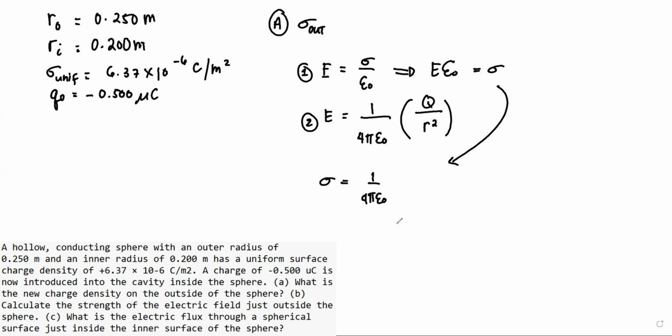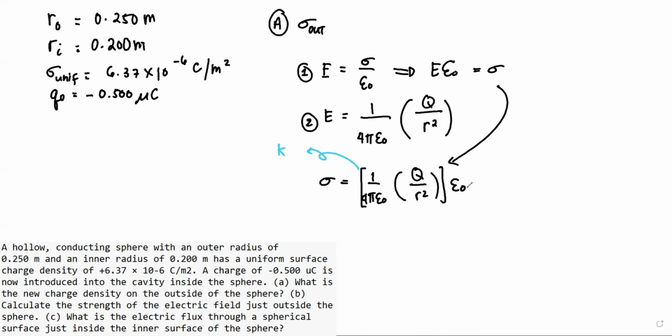You can use K here. In some literature, they just use K, which is 9 times 10 raised to the 9th. And then that would be Q divided by R squared. That's your E. Multiply it to your epsilon naught.